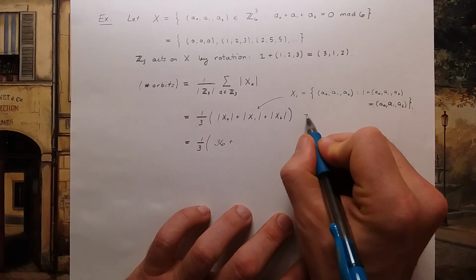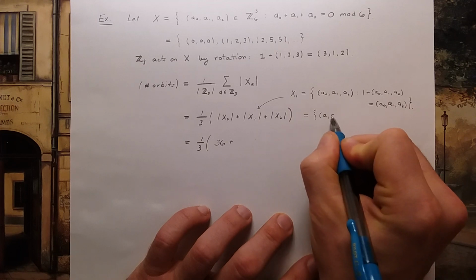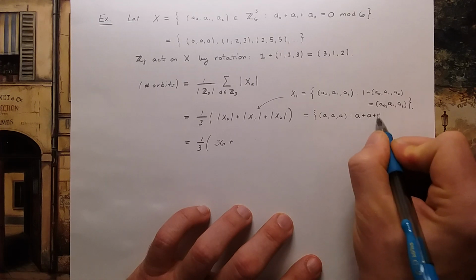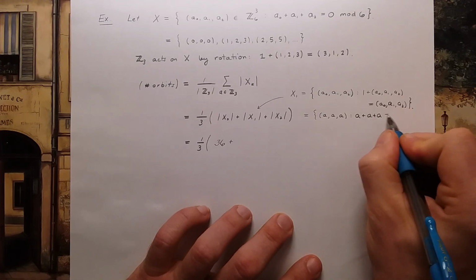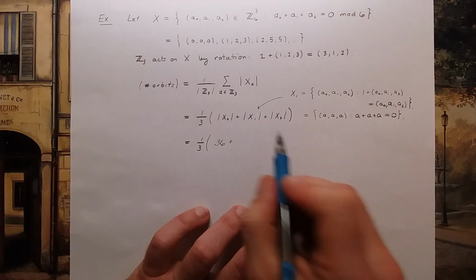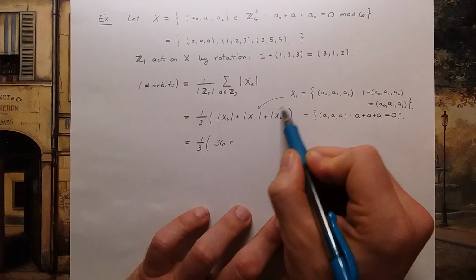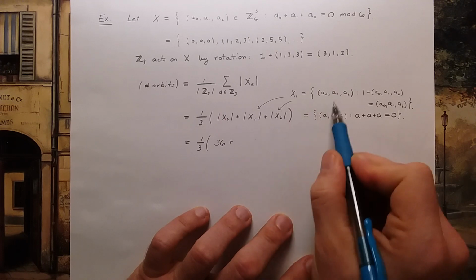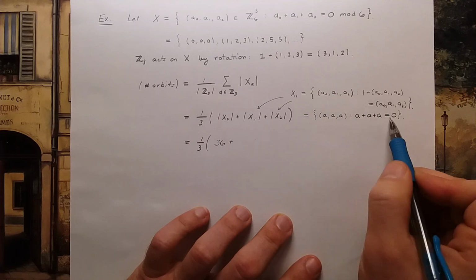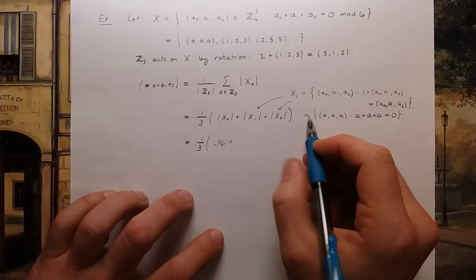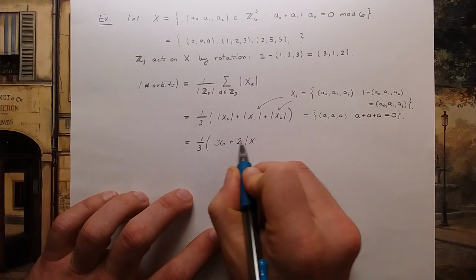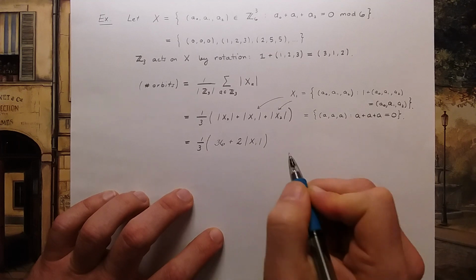Well, this is just the set of everything of the form AAA, where A plus A plus A is equal to 0. This is actually the same as the set x2. So I could say the same thing for x2. x2 and x1 have the same number of elements in them. So I can write this as 2 times the size of this set x1.